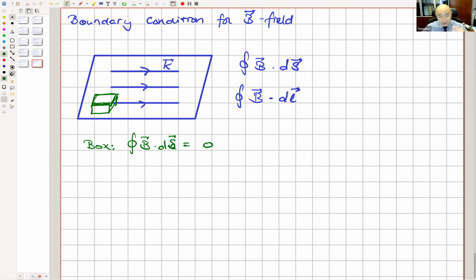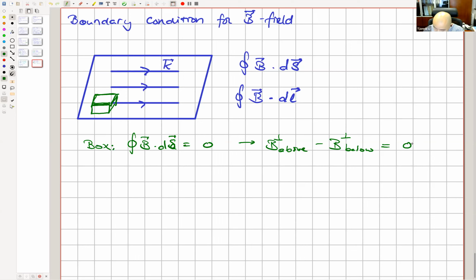Again, letting the height of the box go to 0, this basically means that the perpendicular component above minus the perpendicular component below equals 0. So the normal component is continuous.